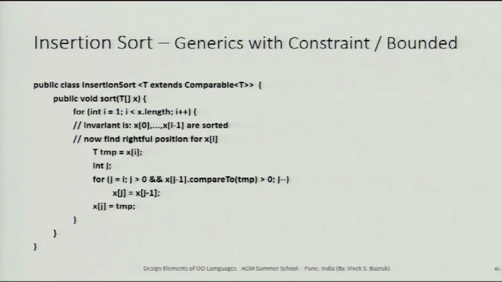As it implements Comparable, you can use compareTo as the operation here, and that is why you can do the sorting. Comparable is one of the predefined classes from the Java library.